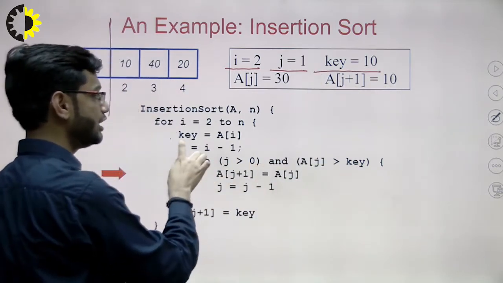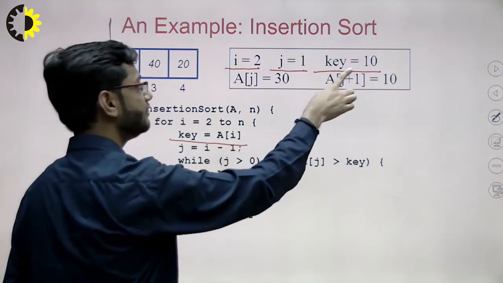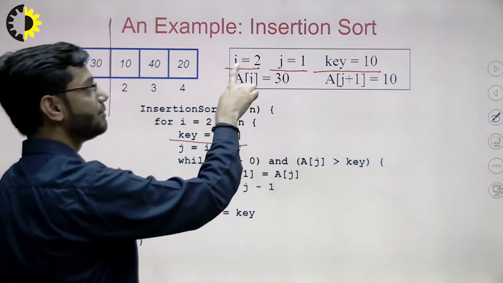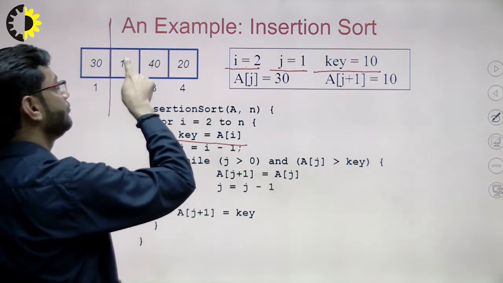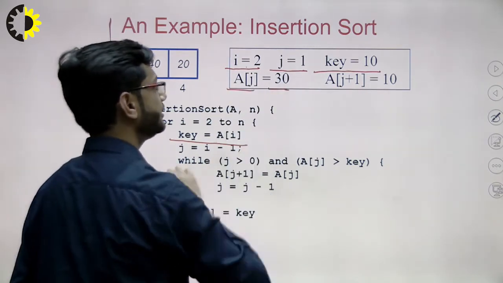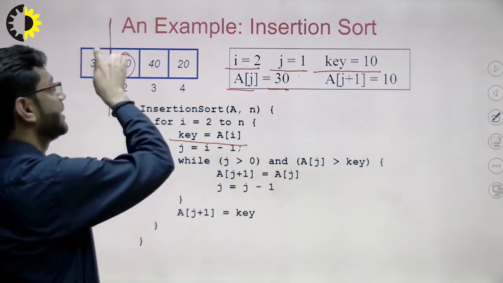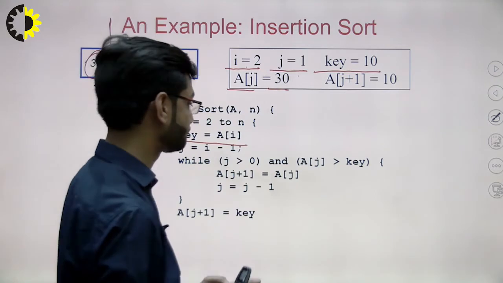What is the key value? Key is equal to A of I, so key value will be 10, because I is 2, and at position 2 we have 10. And A of J is 30, because J is 1, and at position 1 I have 30.